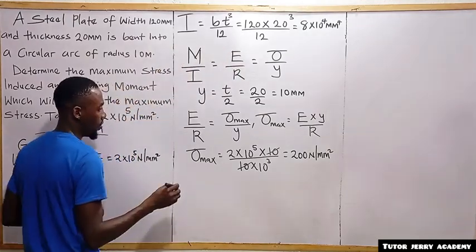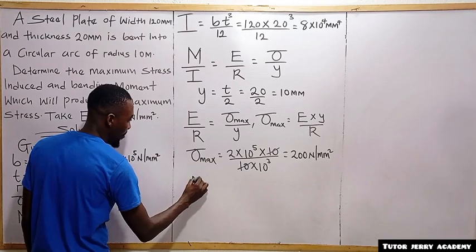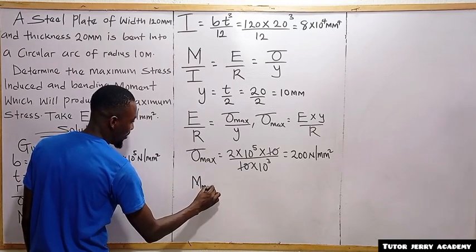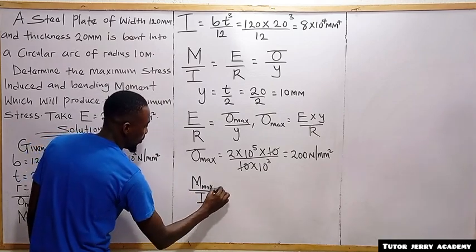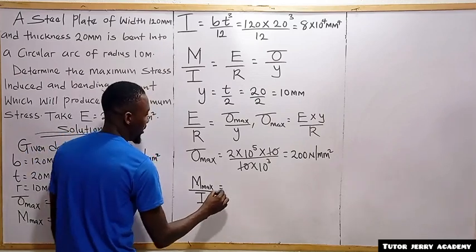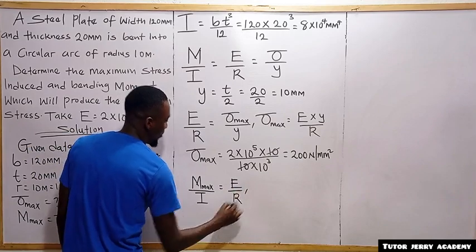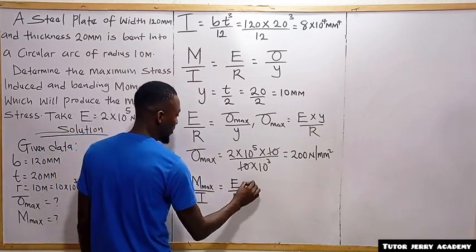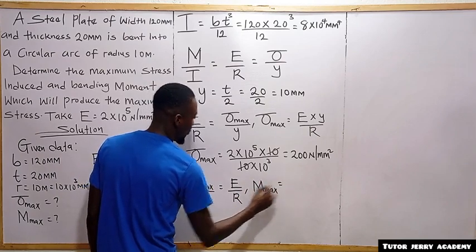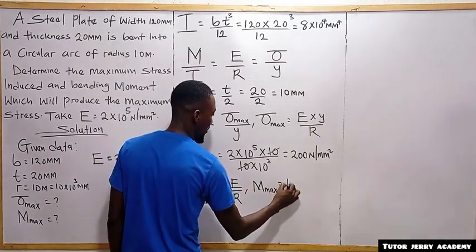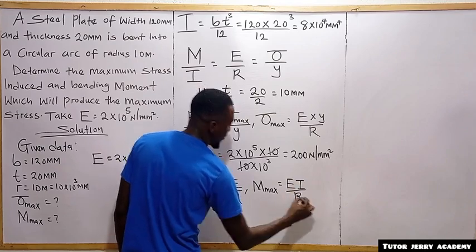We are going to say that our maximum bending moment M over I will be equal to E over R. If you make our maximum bending moment the subject, this will be equal to E I all over R.